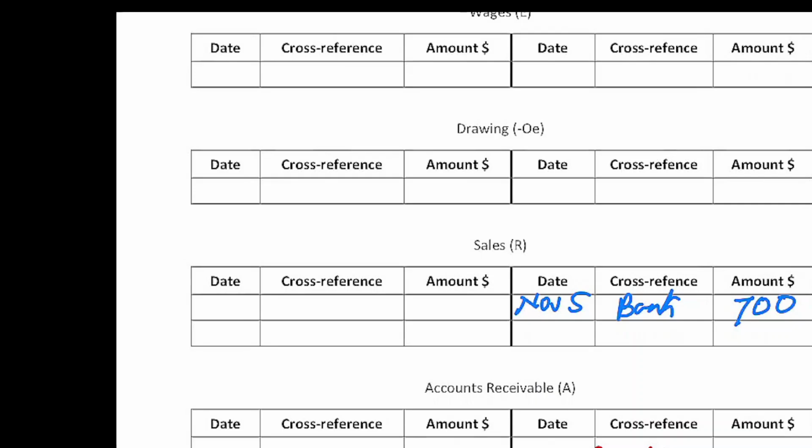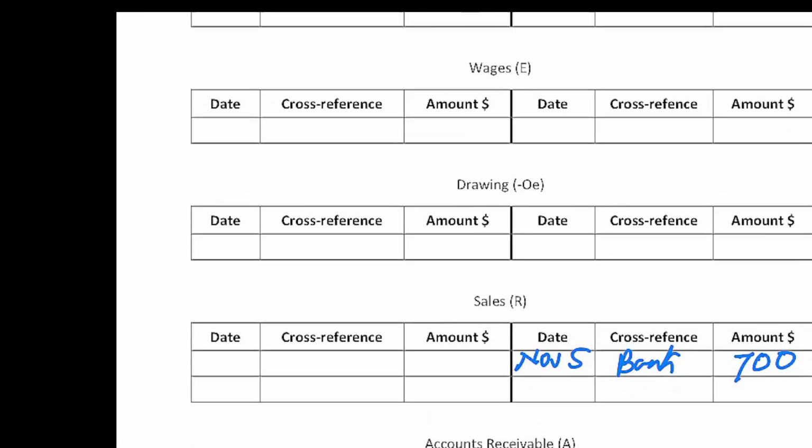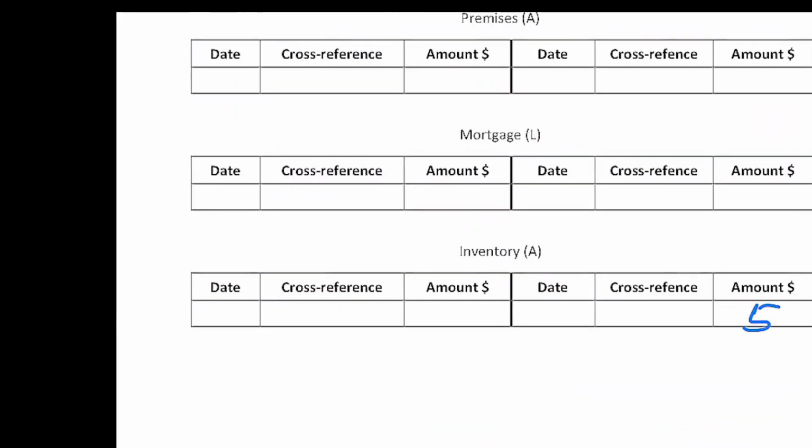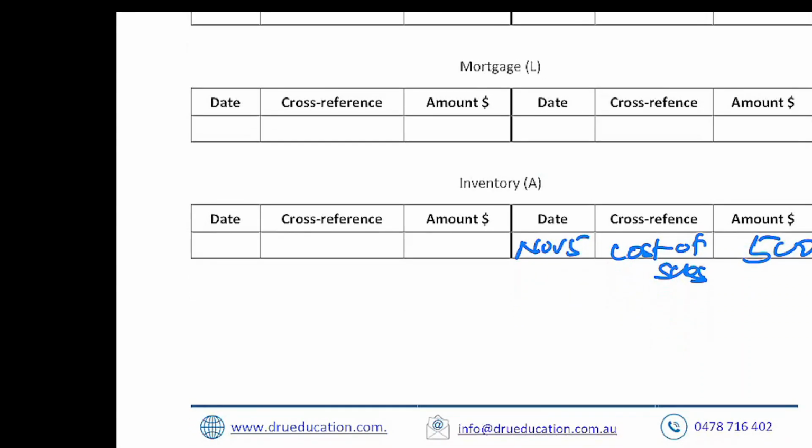How much? 500. November 5th, saying what? What is the cost reference? Inventory. And then inventory, you would credit 500, saying what? Cost of sales.